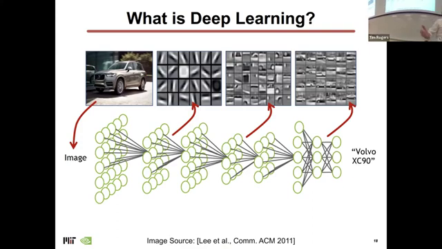The way this is commonly presented is you throw an image at one of these things. The very early layers are trying to find edges, very basic features. As you get deeper in the network, they're putting together those edges to find bigger components of the image. And by the end, you've put together all of these pieces starting at the basic edges, and then you can decide whether this is a Volvo or a Pontiac or whatever.